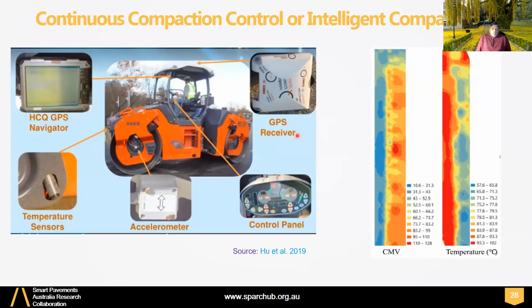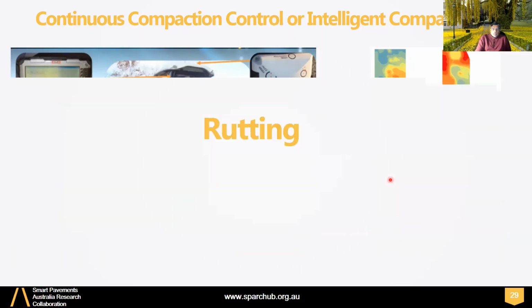This is another topic SPARC Hub is working on, and that is basically rollers which have accelerometers and other sensing devices to determine the amount of compaction received by the soil, and indices like the intelligent compaction value are found, and those indices are also related to stiffness. So they will have the dependency on the density and moisture content, as I mentioned before. So sorting out those results which are coming out in this fashion needs to be examined. And I'm not going to talk about this at length in this webinar.